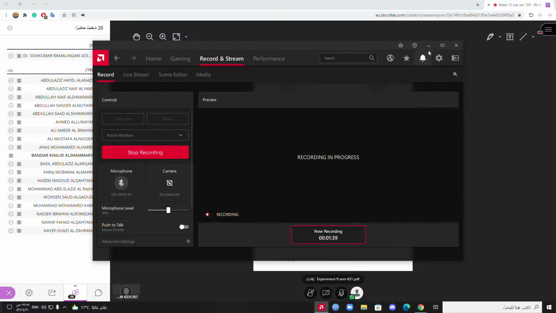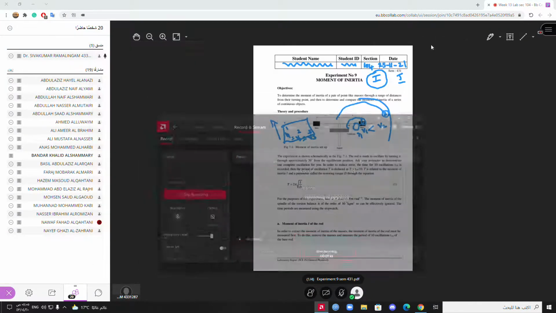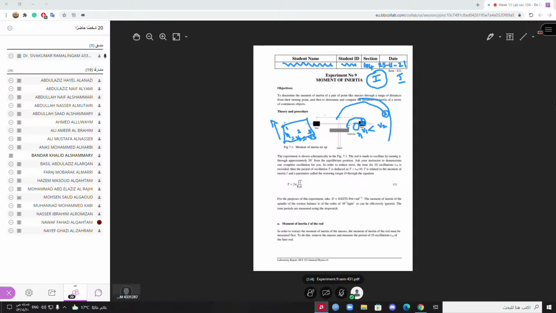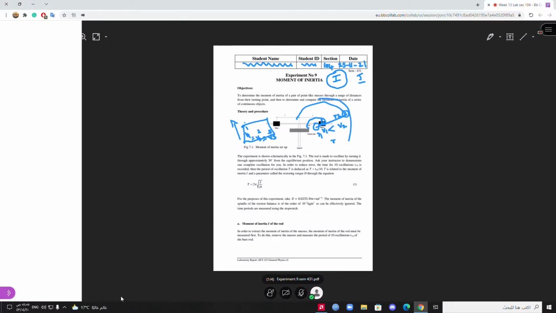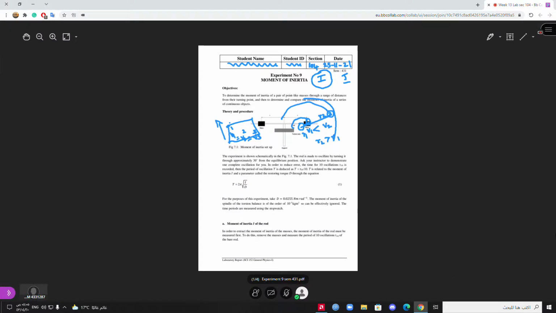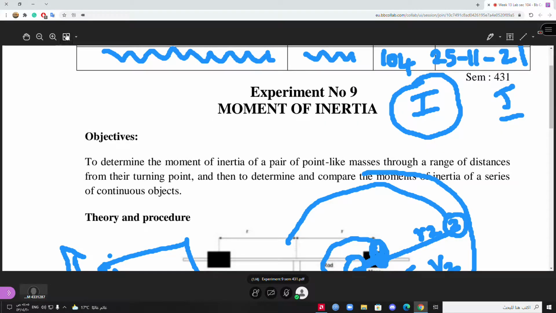It's clear. What about this R1? R1 is the radius, the distance of the object from the axis of rotation. This is R2. R2 is greater than R1. Here, the effect of the mass is not the same, right? The effect of the mass is not the same, because the mass which is closer to the axis of rotation has the lower effect.